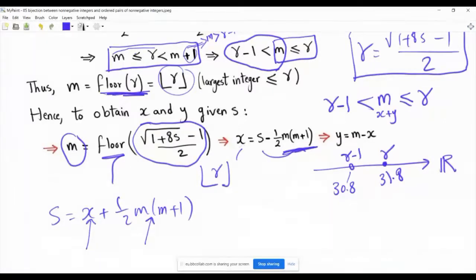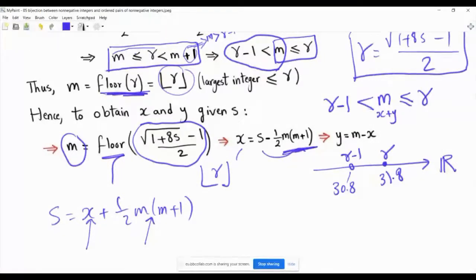And once we know x, we can obtain y, because y plus x is equal to M. So y is equal to M minus x.